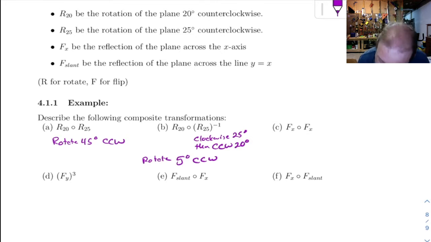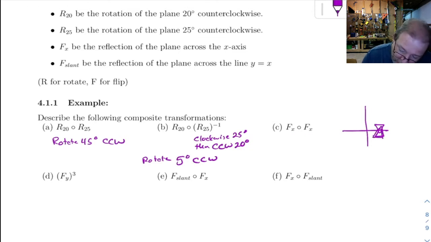All right, what about this next one? Flip across the x-axis and then flip across the x-axis again. Well, if you think about what that does, that just undoes itself. Say you've got a triangle here. You flip it across the x-axis, it flips upside down. Then you flip that again, and it goes right back on itself.